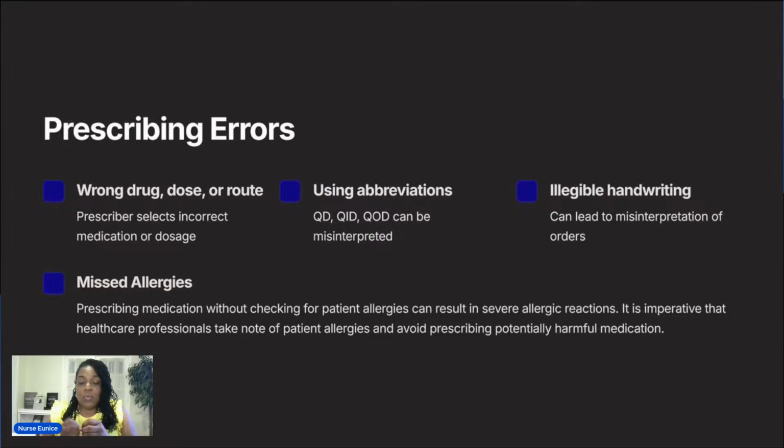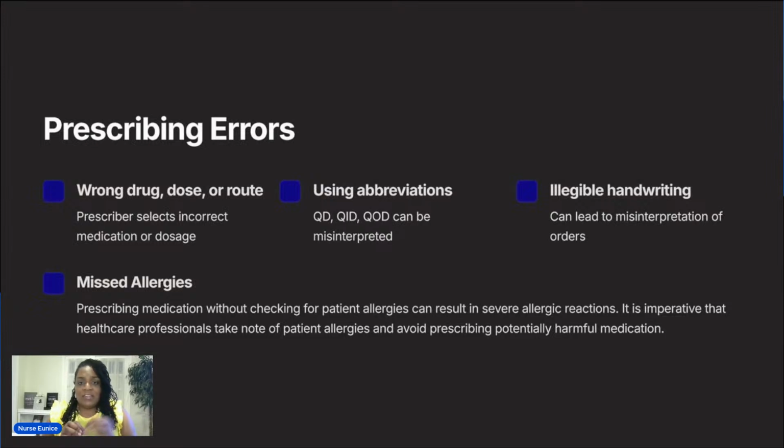Also, using abbreviations can cause medical errors. So that's why even though we teach you about medical abbreviations, they should never appear on your record, such as your MAR, your medication administration record, because you may misinterpret something. So QD, QID, QOD, every day, 4 times a day, every other day, those can actually become quite confusing.